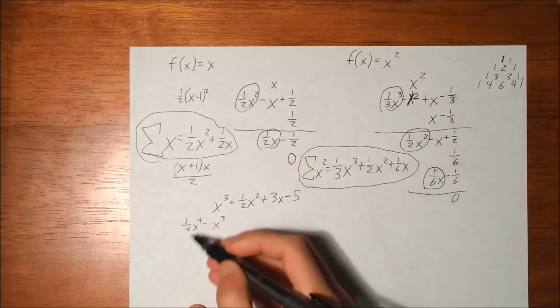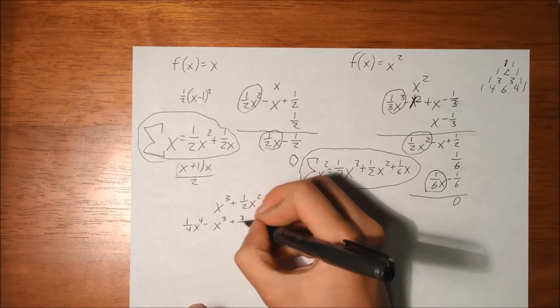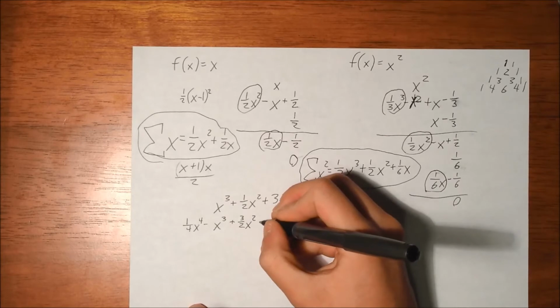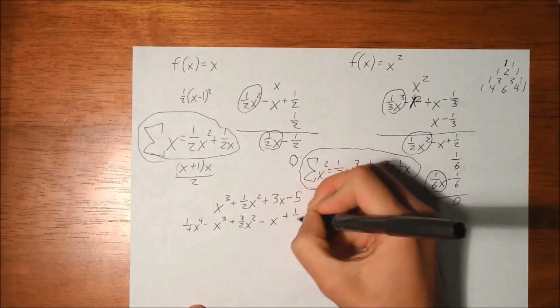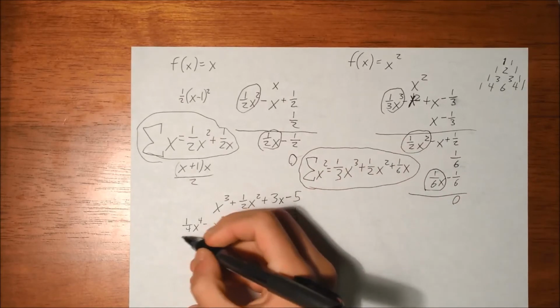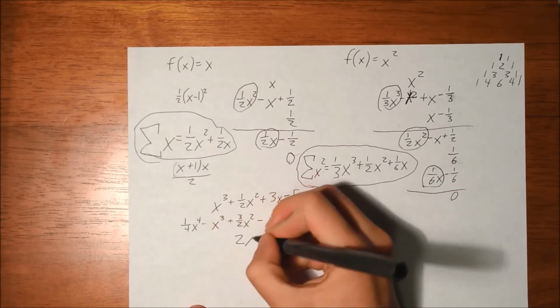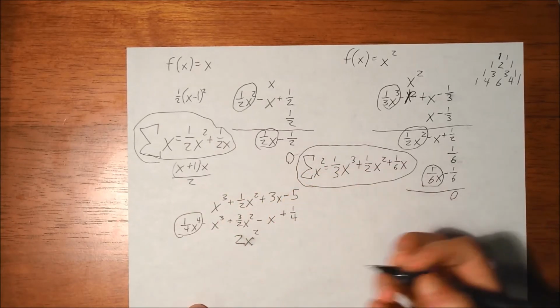Now 6 times 1/4 is 3/2. And then you circle this and add everything together.